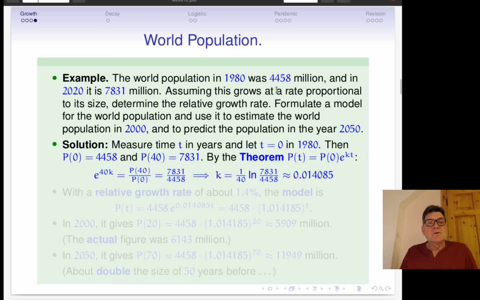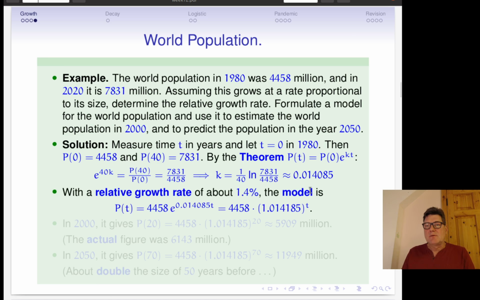And that's the quotient of the two numbers which are given. And then to get at the k here, we apply the natural logarithm and divide by 40. So we get k equal to 1/40 of the natural logarithm of this quotient, which comes out as approximately 0.014085. That's about 1.4% for the relative growth rate of the world population.